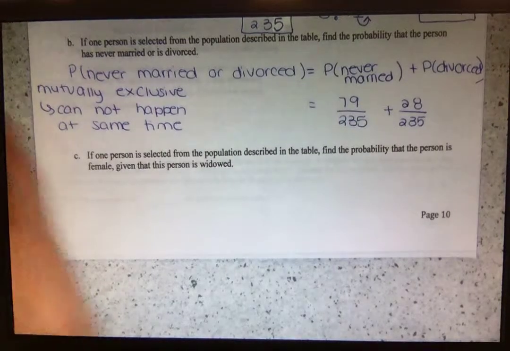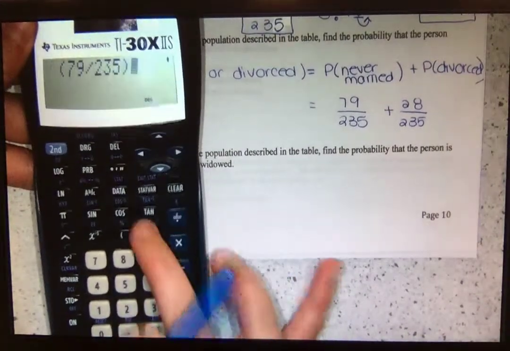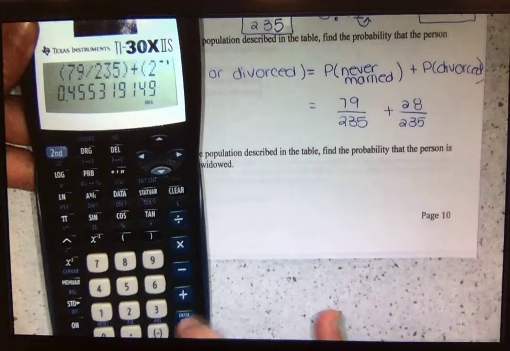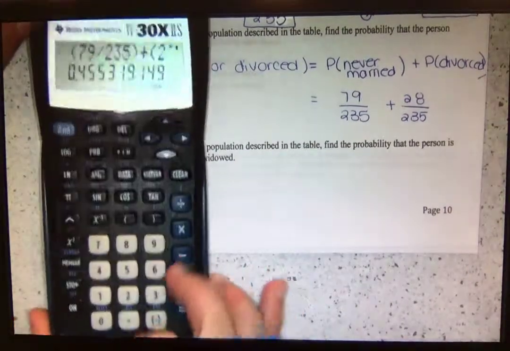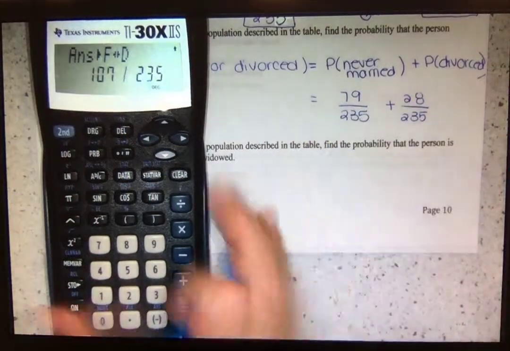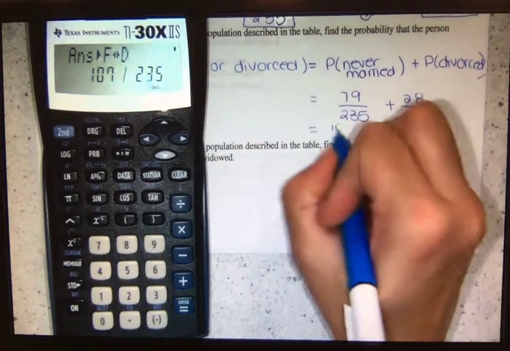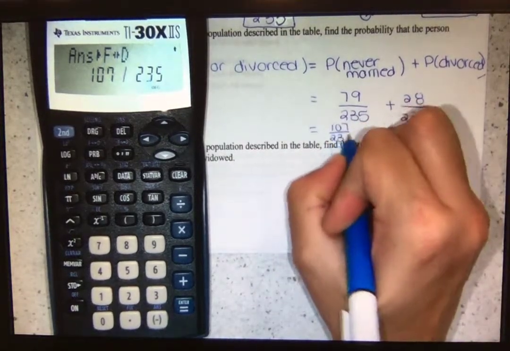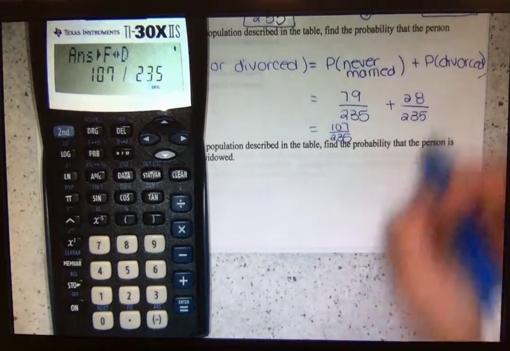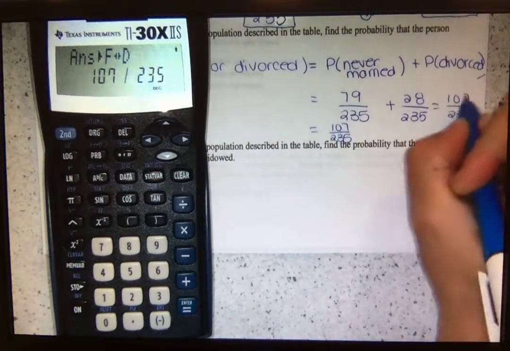So adding these two fractions together, we get 79 over 235 plus 28 over 235. First, changing that into a fraction, we get 107 over 235. That's our first answer.